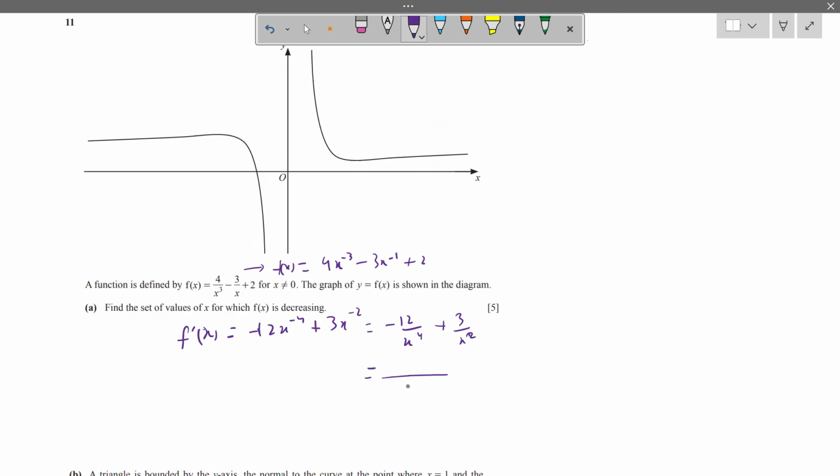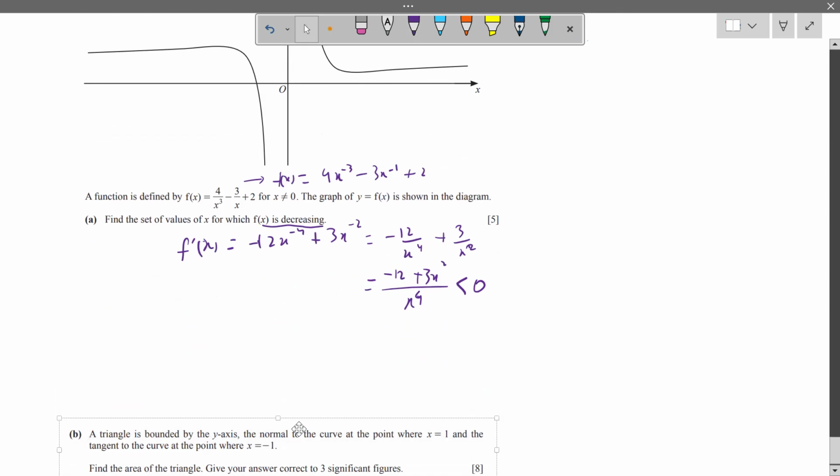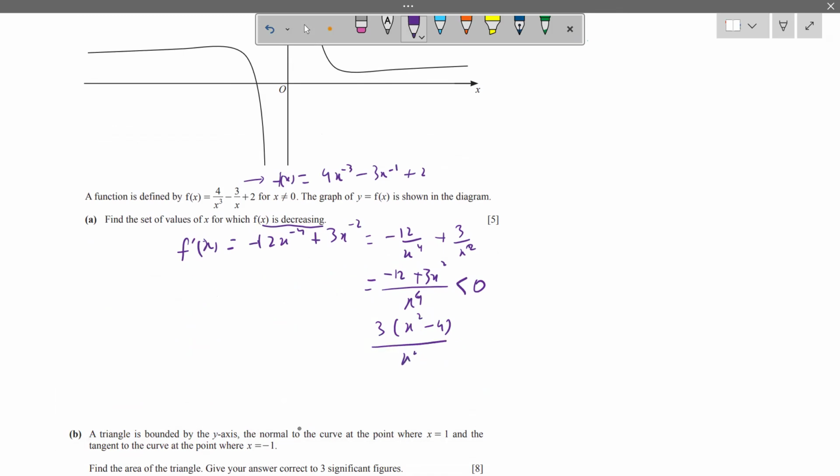This is equal to this. And because we want this decreasing, we have to make it less than 0. So that means we have to solve this inequality. So the numerator is 3 times (x squared minus 4) over x to the power of 4.